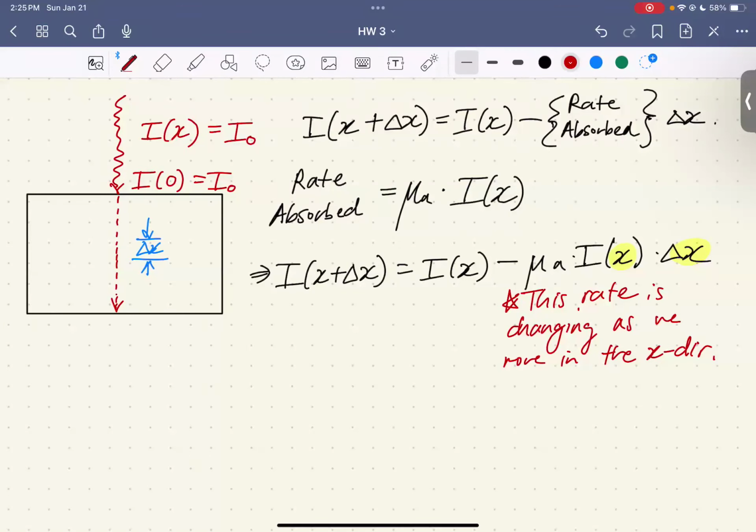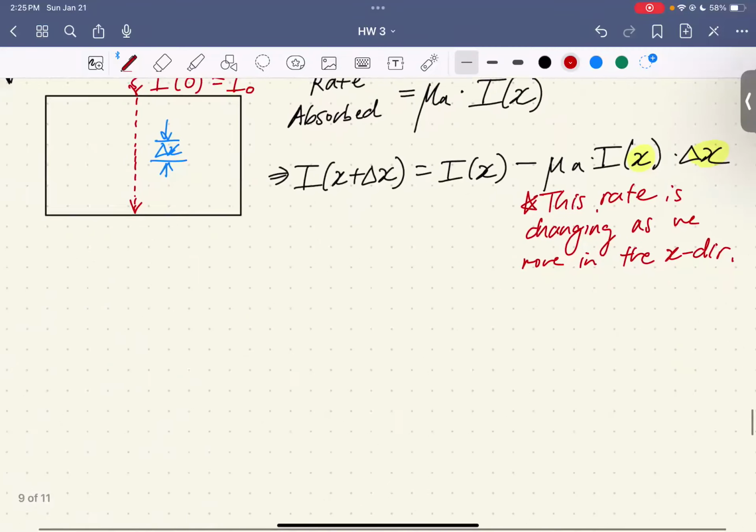So that means we need to write something we're all very familiar with, which is an ODE, an ordinary differential equation. And let's not freak out when we hear that term because it really is just a simple way of writing an equation when a rate is changing with that position, or with that variable.